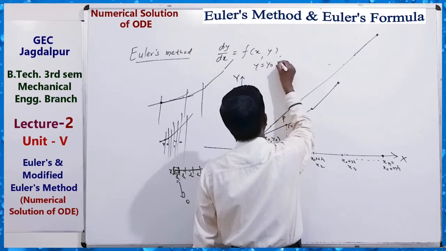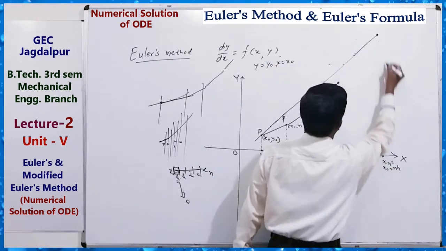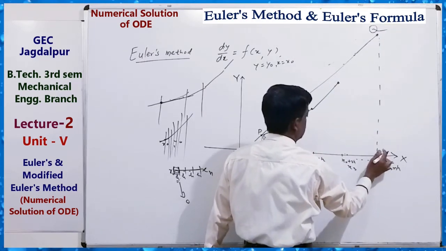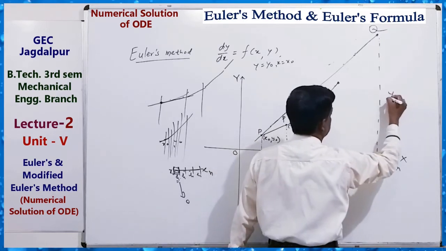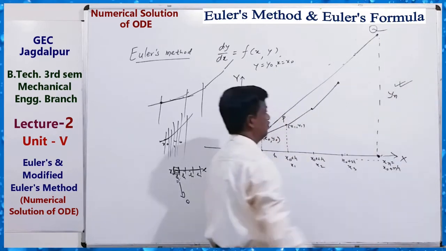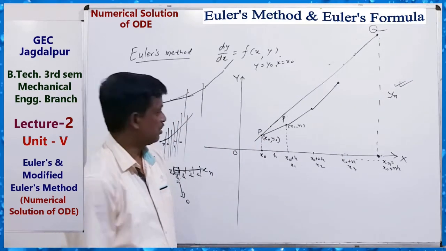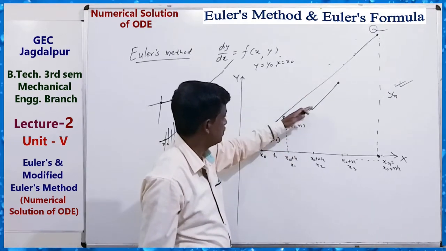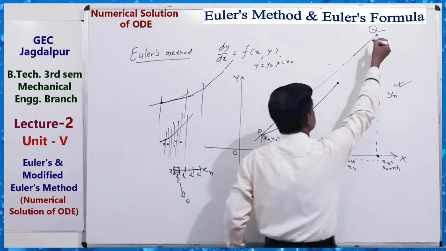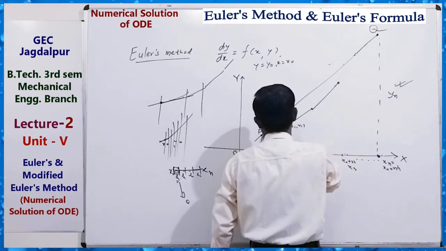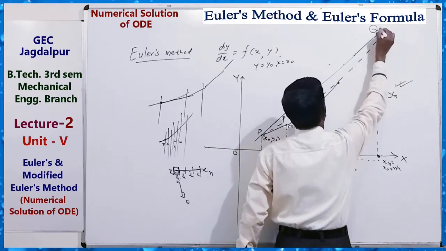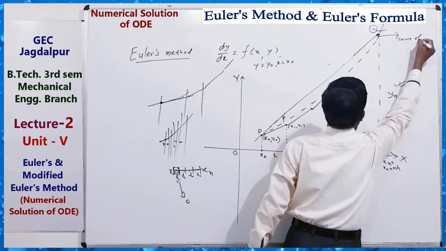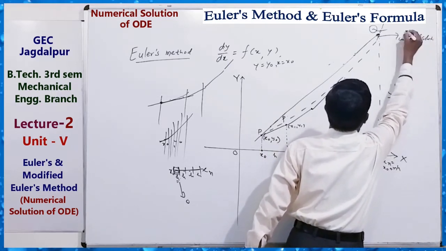Here y equals to y0 at x equals to x0. Finally, this will be the final value for our targeted value, because this is the curve of solution, the actual curve of solution.